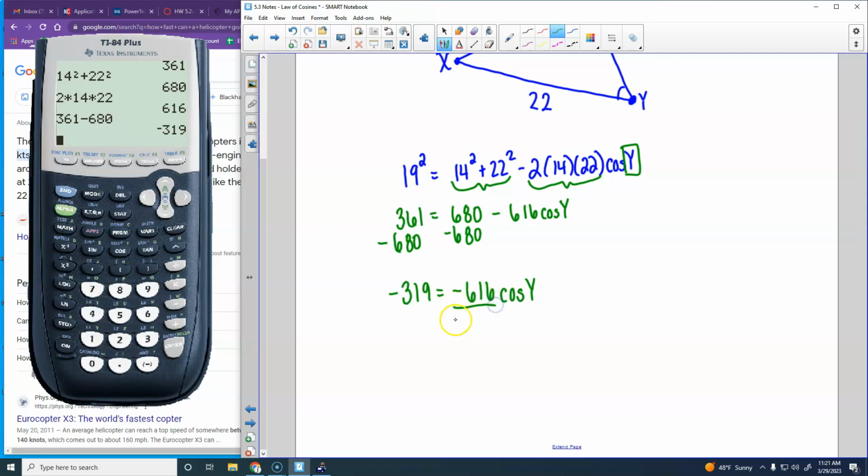Then we're going to divide by that negative 616. And so we get 0.517857. Keep that number in your calculator. Equals cosine Y. And our last step on this is to inverse cosine that.